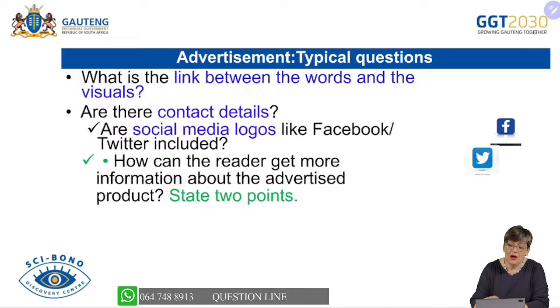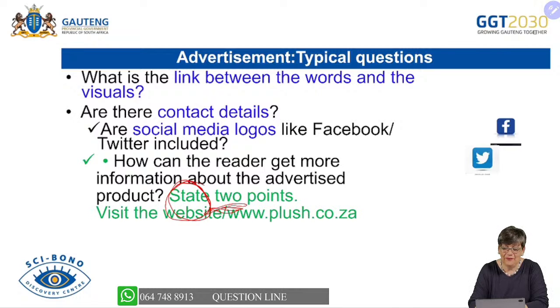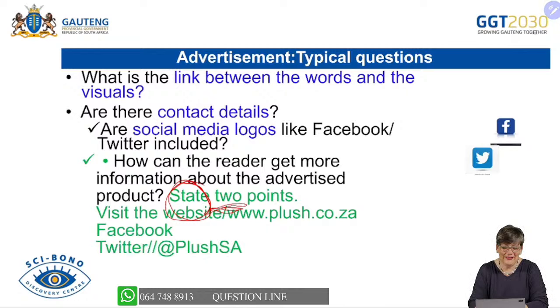Now remember, when you get to your question, we have to encircle your question word. And what do we have to do? 2 points. Remember that. Now, usually there's a website that you can use, or there's a social media logo. Right.